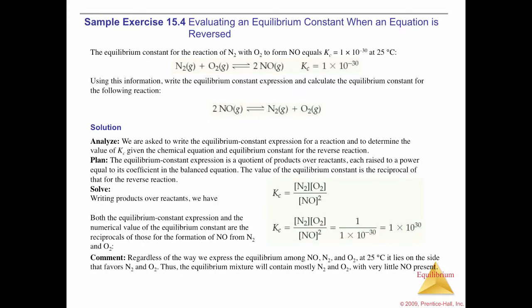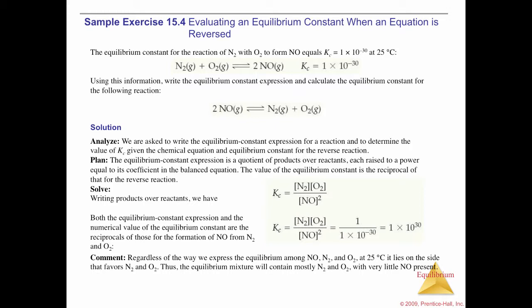Sample exercise 15.4, evaluating an equilibrium constant when an equation is reversed. The equilibrium constant for the reaction of N2 with O2 to form NO is equal to 1 times 10 to the negative 30th at room temperature, 25 degrees Celsius. Using this information, write the equilibrium constant expression and calculate the equilibrium constant for the following reaction.